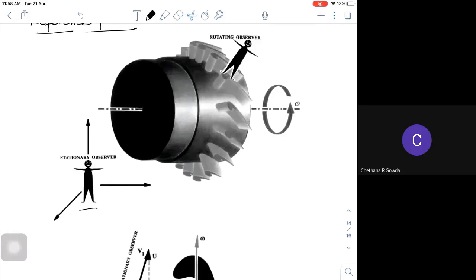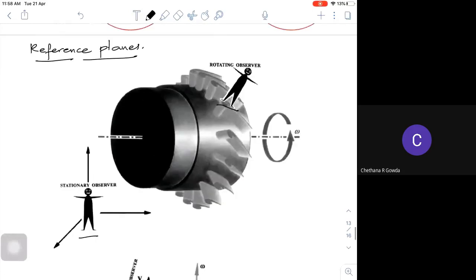Now the same observer, suppose he is just sitting on the machine. So what is he called? He is called a rotating observer. The velocity felt by a rotating observer is different from the velocity felt by a stationary observer.